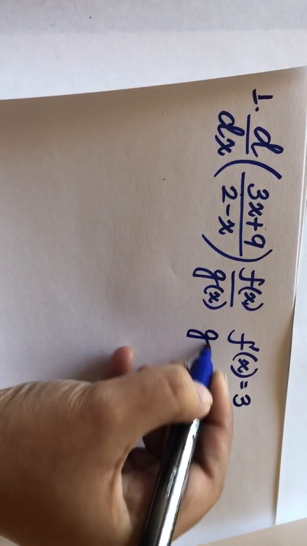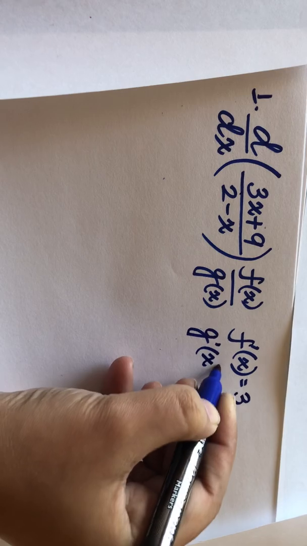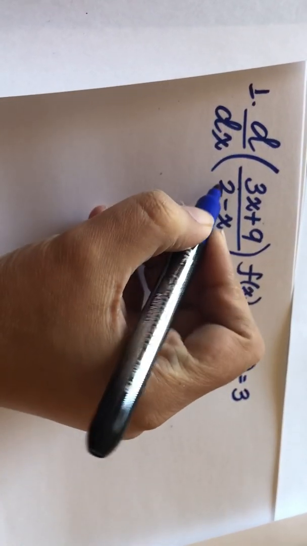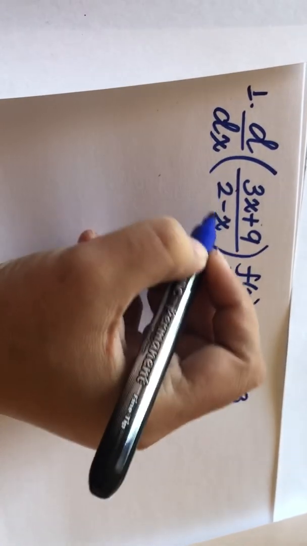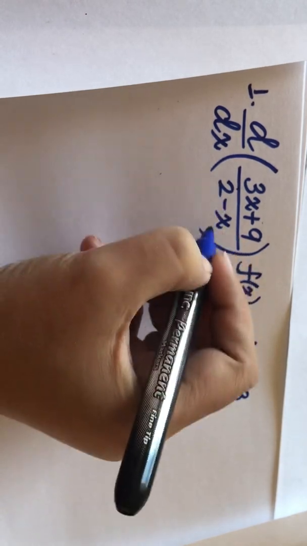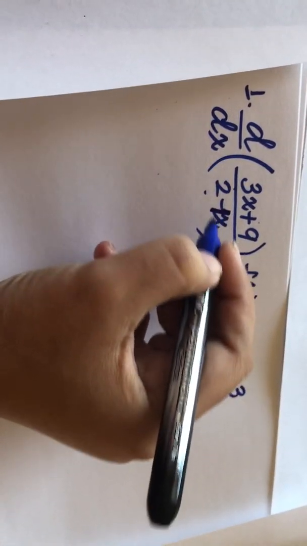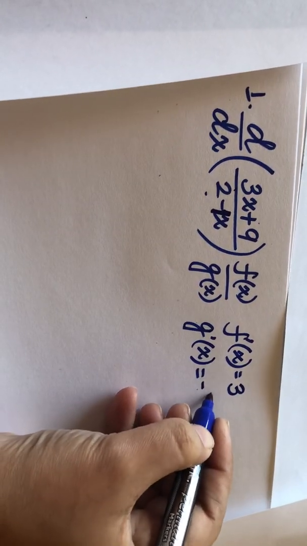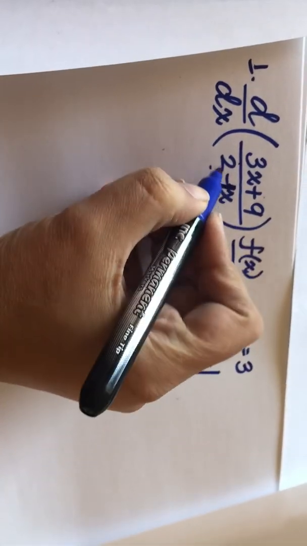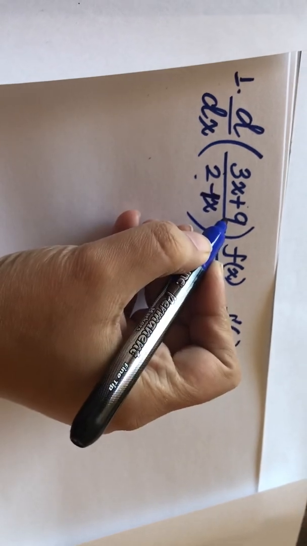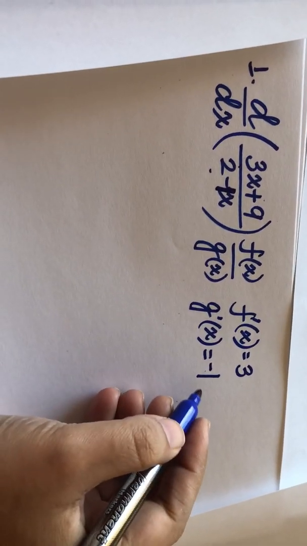And then we will also identify our g prime x, which is the derivative of this function only. There is an invisible 1 here, so it's -1. So the slope from this question is -1. Slope of a constant number 2 is 0. Slope of 9 is 0.